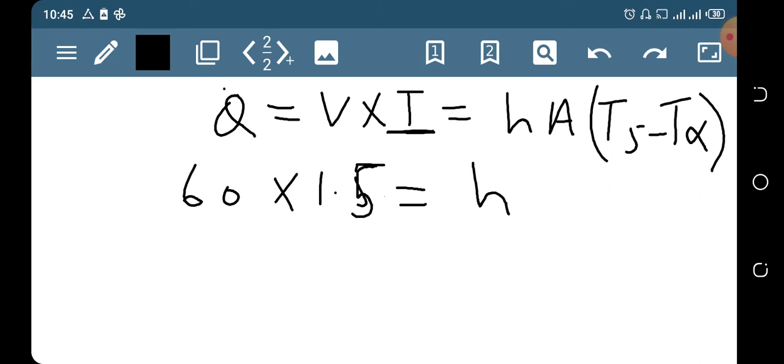So A times Ts minus T infinity goes into the denominator.